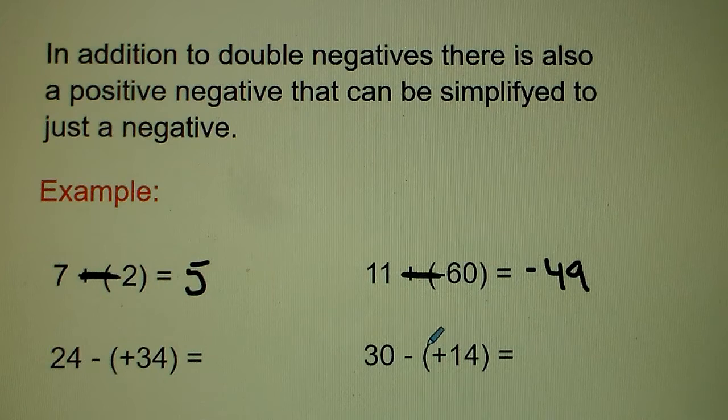This positive 14 doesn't need the parentheses because it's already simplified down, so negative and a positive turns into a negative. 30 minus 14 gets you 16. 24 minus a positive 34, the minus and a plus, turn into a negative, so 24 minus 34 gets you negative 10.